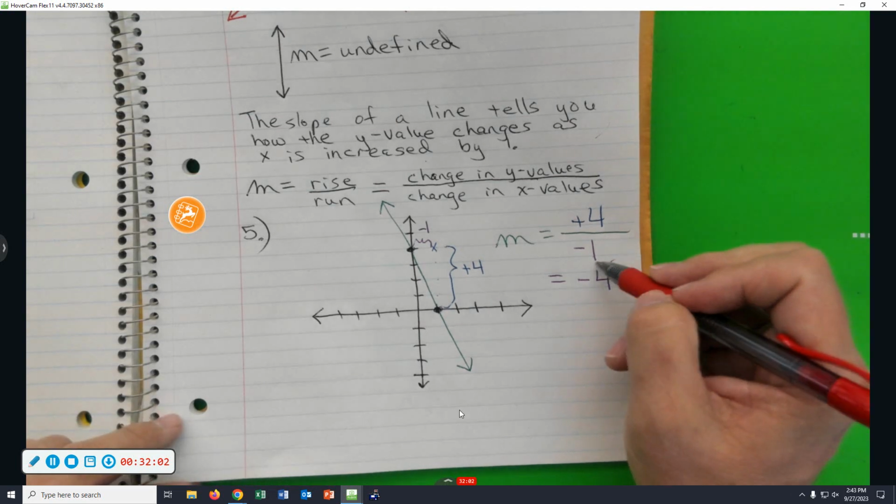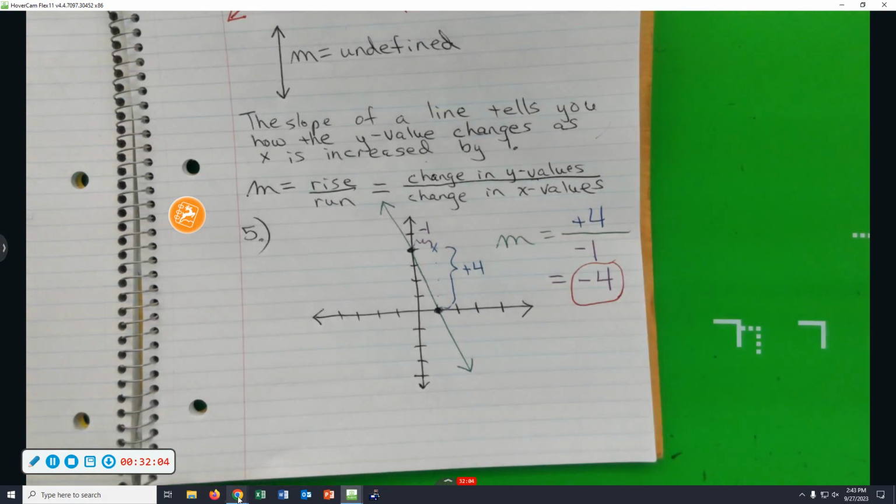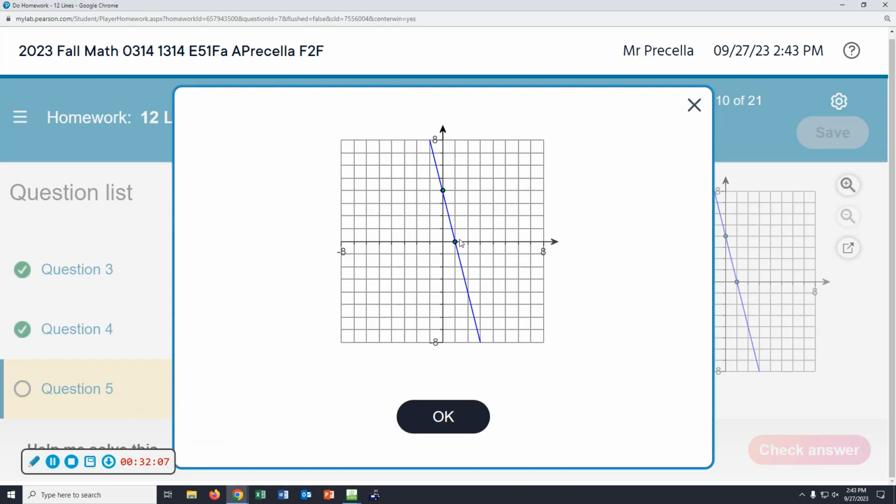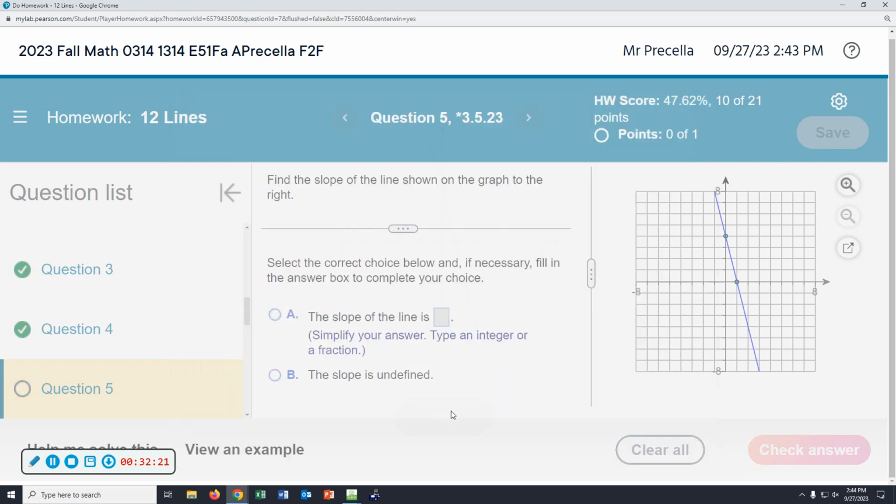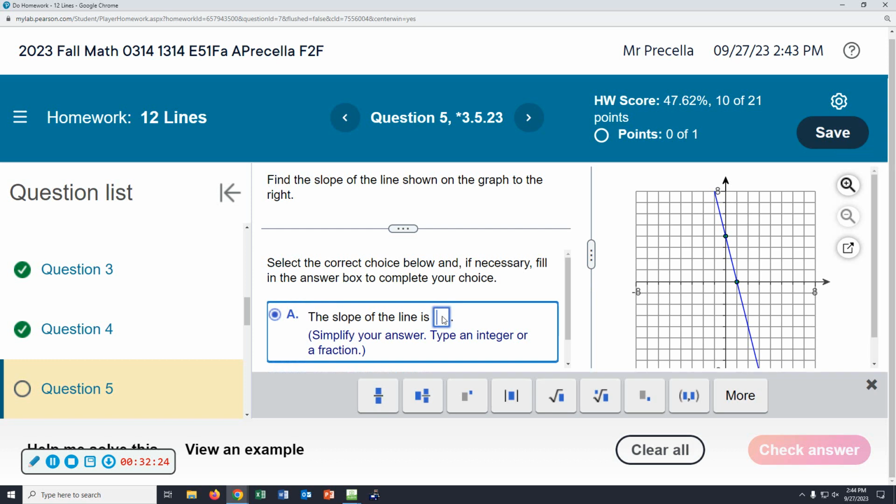Any questions there? Is it clear? You're going up 4, so that would be positive 4. Left 1, moving left is going in the negative direction. So positive 4 over negative 1 is still negative 4.